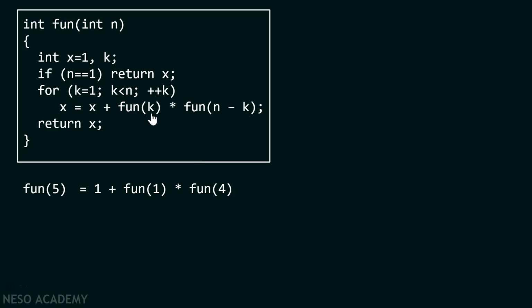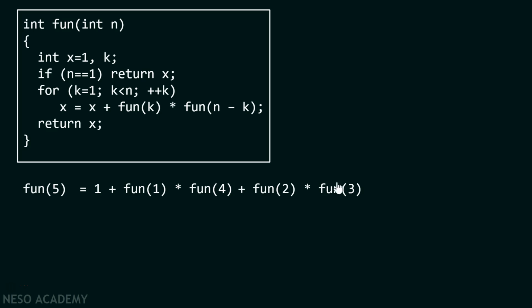As k equals 2 in the second iteration, this statement will be equal to fun2 into fun3, and fun2 into fun3 will be added to this whole statement.